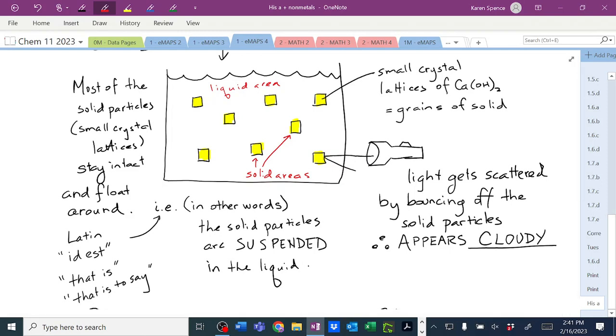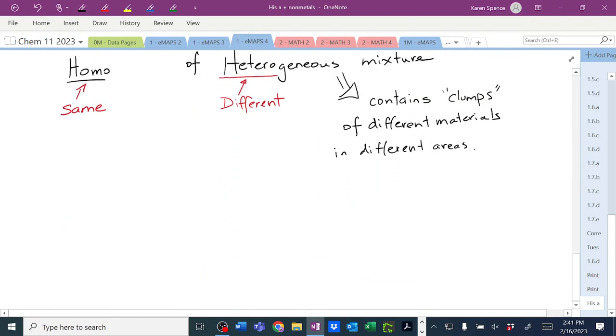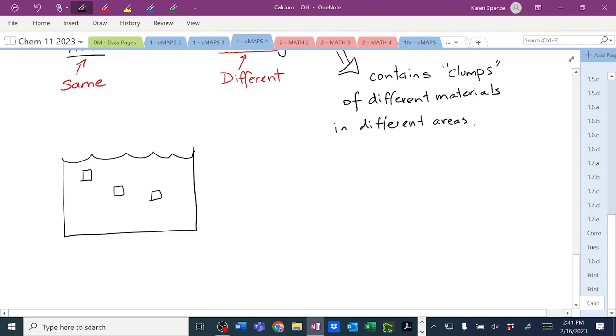And we're now going to draw this suspension again down here. With a little, what you call them, crystal lattices, mini crystal lattices, all floating around in there.